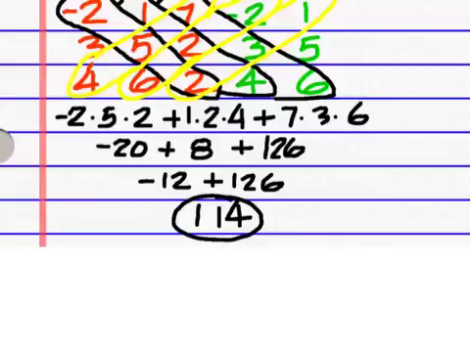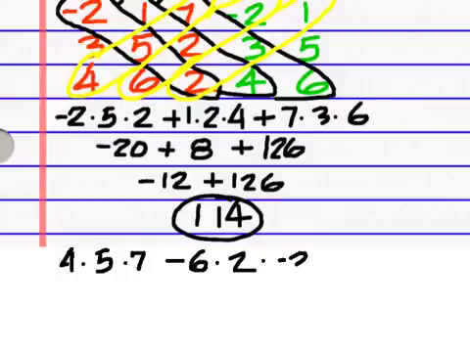So I'll move that up and try to fit this in here at the bottom. You're going to have 4 times 5 times 7. And then you're going to take away 6 times 2 times negative 2. And then take away 2 times 3 times 1. Now don't forget, this is all from 114.